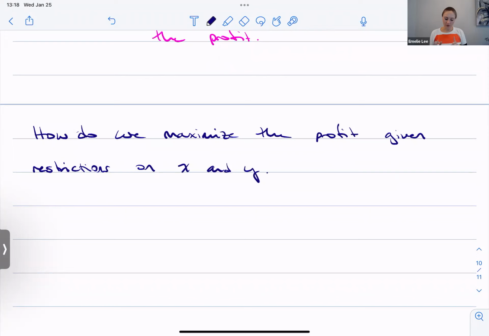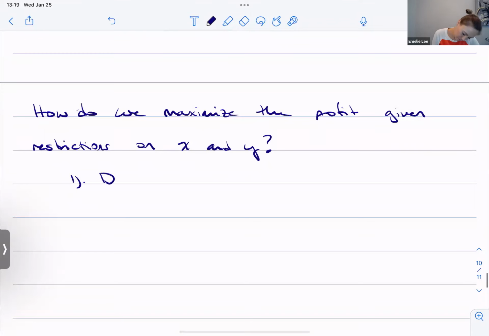Okay. So the first thing that we're going to do, because this is the question that we're answering, is you're going to draw the restrictions on a graph. Now, for us, we're going to use Desmos.